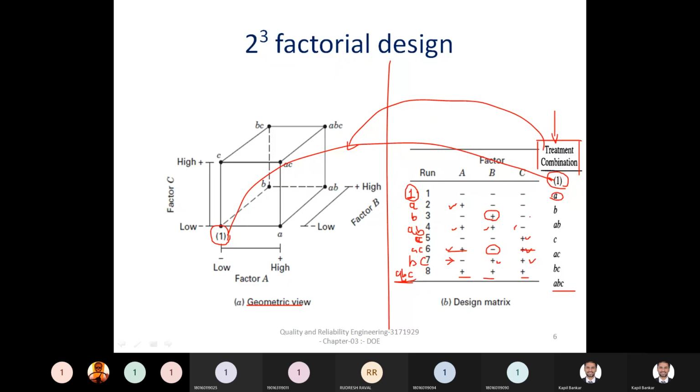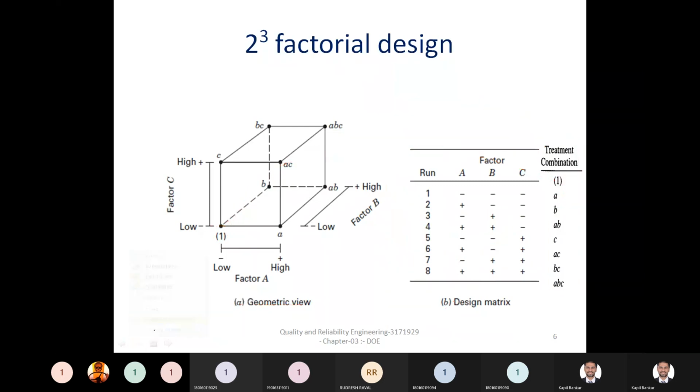So from this combination, you can understand the combination of the matrix. So from this combination, you can create the design or model matrix. Suppose consider in this geometric view A. So from 1 means all negative, minus, minus, minus.